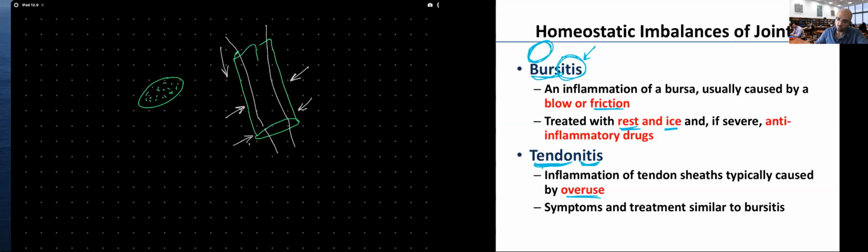So with overuse, the tendon sheath itself gets inflamed, resulting in tendonitis. Symptoms are going to be similar to bursitis, and the treatment is going to be the same as what we do with bursitis. So you need to rest, put ice, and use anti-inflammatory medications if it is severe.